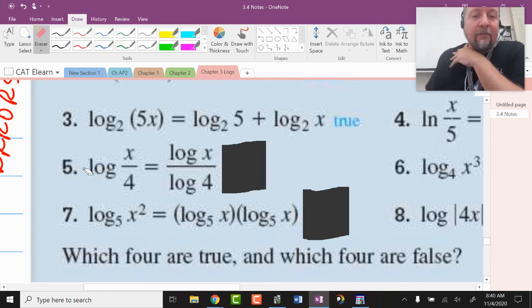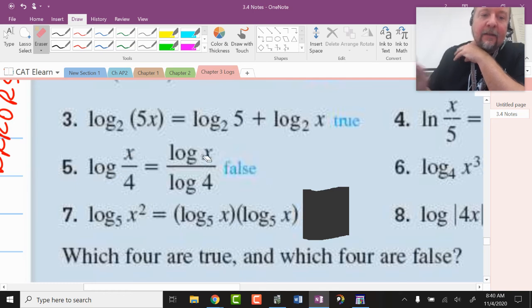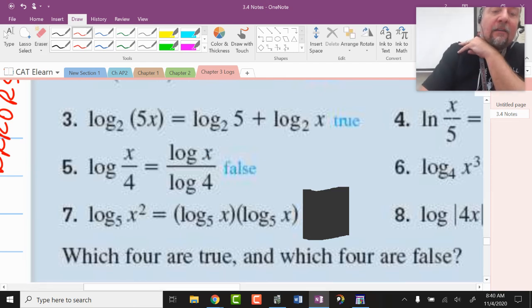But anyway, number 5, true or false? Ooh. And the answer is that's a falsaroonie. This is one of the biggest mistakes people make. Log of x divided by 4 is log x minus log 4, not this. And sometimes people write this and write it like that.